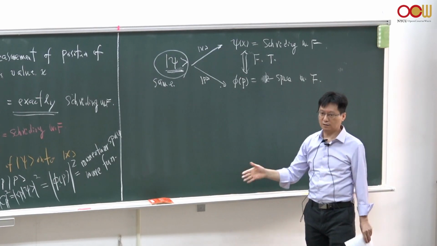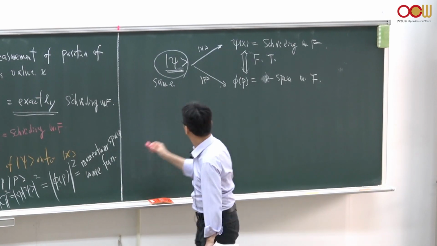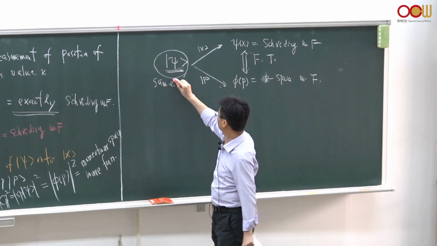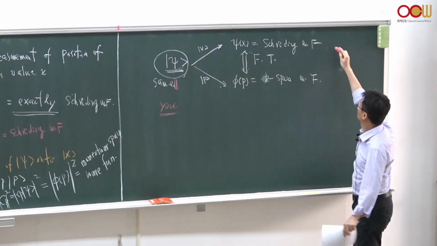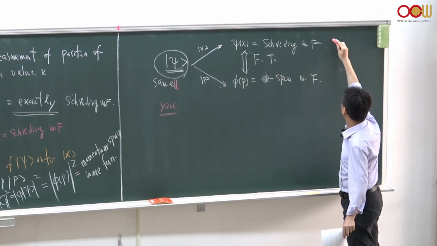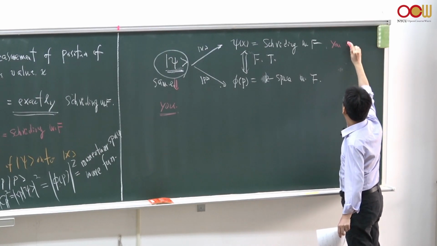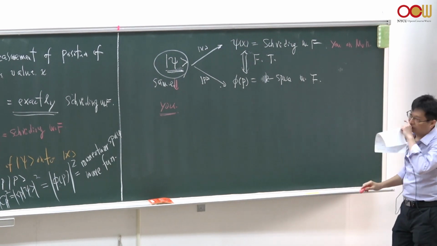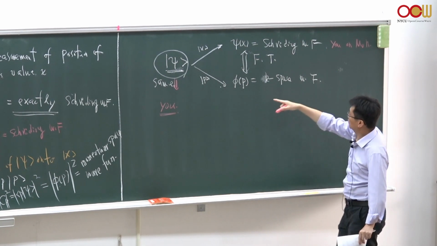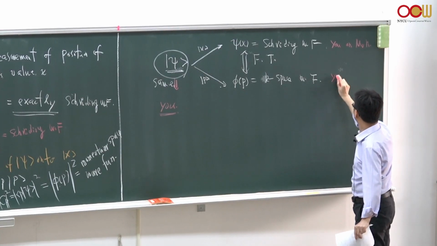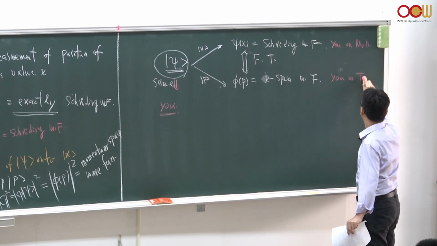So this is my analogy that I mentioned a few minutes ago. This is you, and on Monday you wear a suit, and this is you on Monday. And on Tuesday you wear another dress, and you look like phi of p, but this is you on Tuesday.